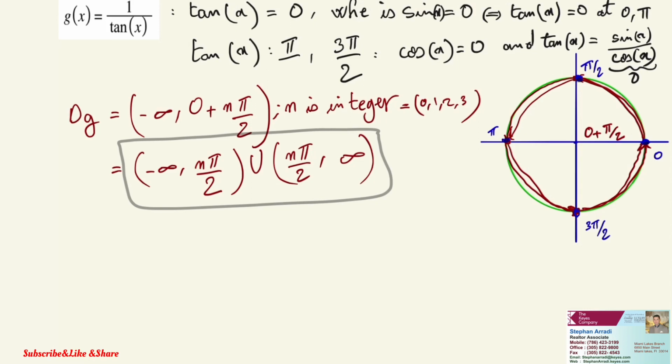It was a little bit confusing, but it could be done. So let's do the next one. We have R of x is 1 over log base 10 of x. When you see log like this, it means base 10. So what is the domain of the logarithm?